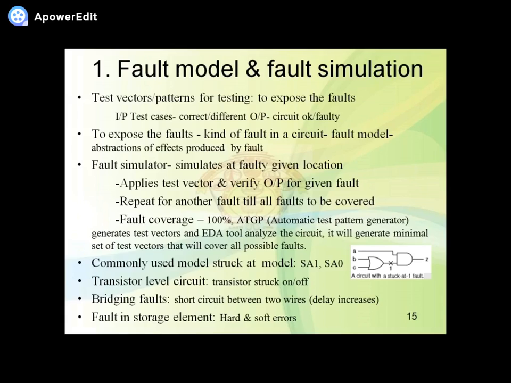Whatever the input, you will get either 0 or 1 continuously, irrespective of your input, and hence the fault can be detected. That is stuck-at-0 and stuck-at-1 output. Likewise other faults are there. A short circuit between two wires will also be detected, or a delay occurring in the circuit, that fault will also be detected.